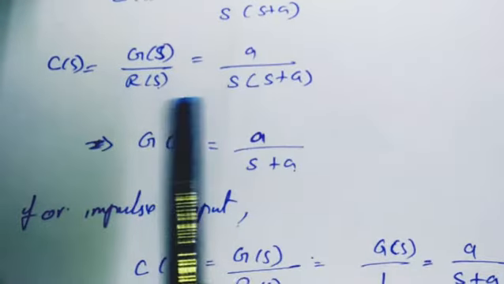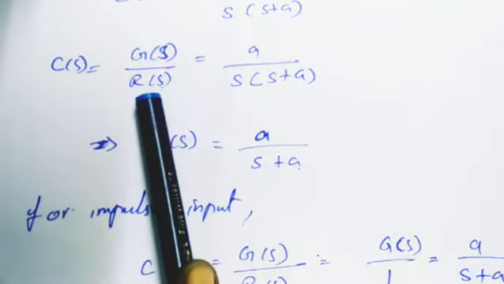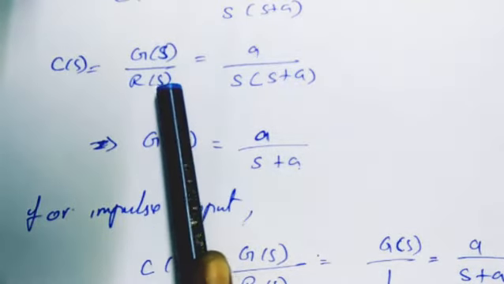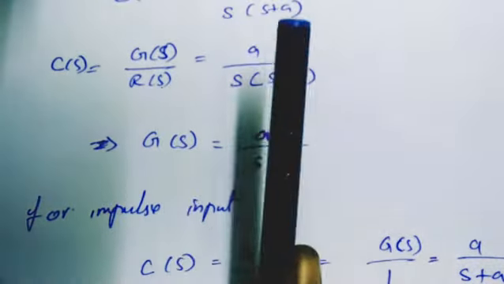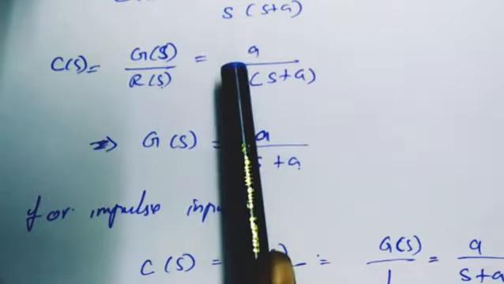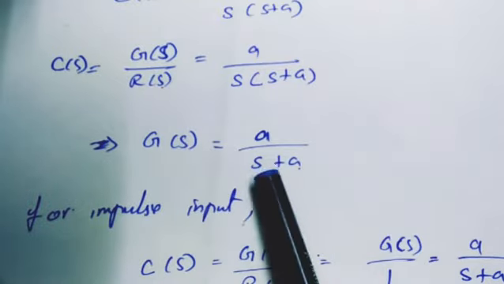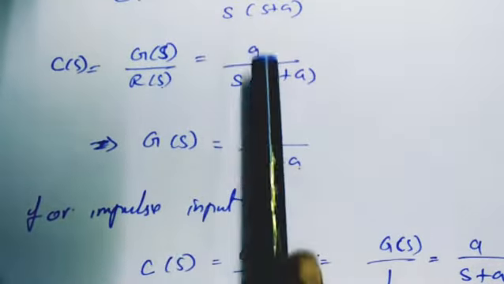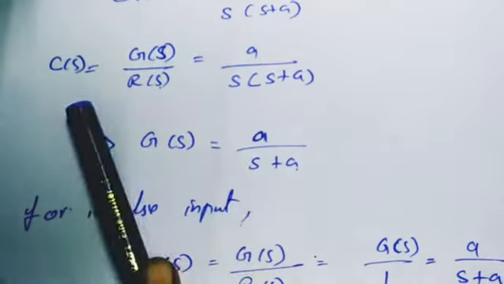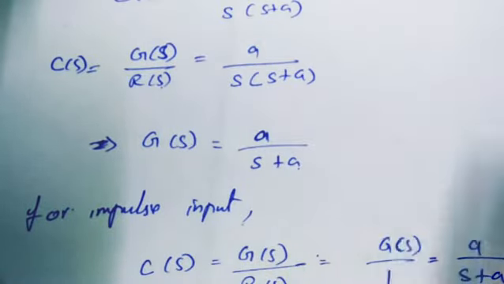C of s is the output of the system when the input R of s is given as a unit step input. So unit step input is nothing but 1 by s. If we remove the 1 by s, we'll get G of s as the open loop transfer function. So G of s is equal to A divided by s plus a.